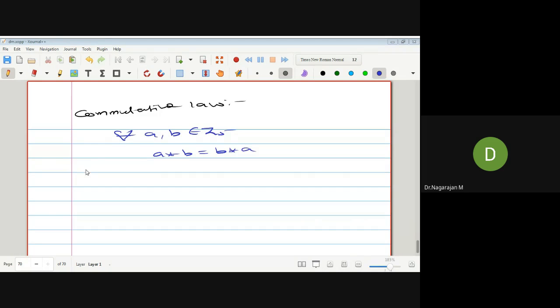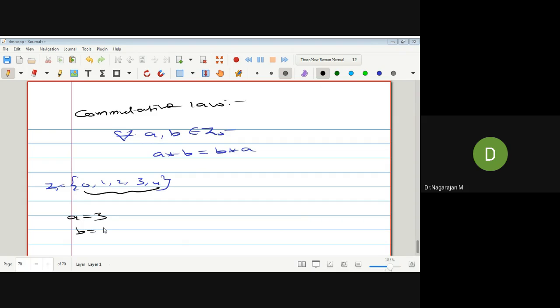It's a very easy idea. We already know the Z5 elements are 0, 1, 2, 3, 4. Therefore you can write the A value and B value. A can take any value, and B is also taking any of these 5 values.